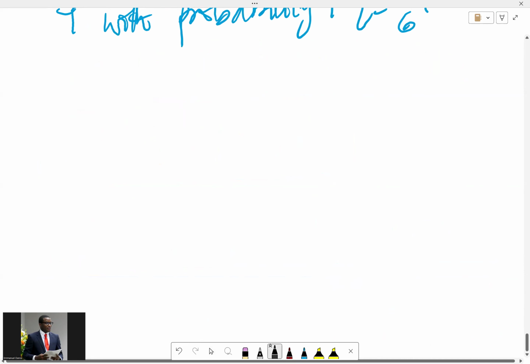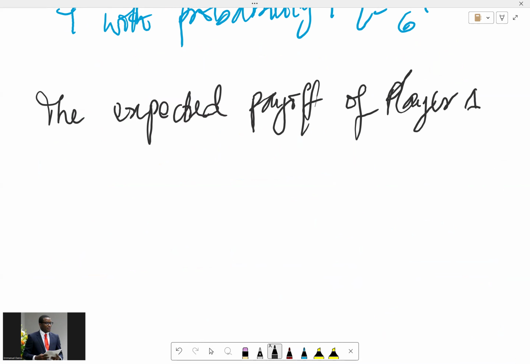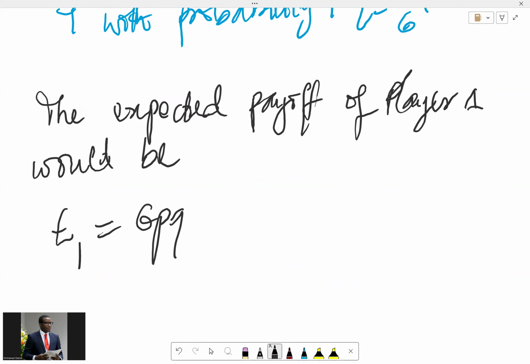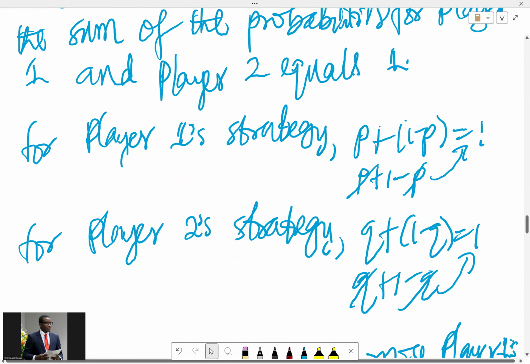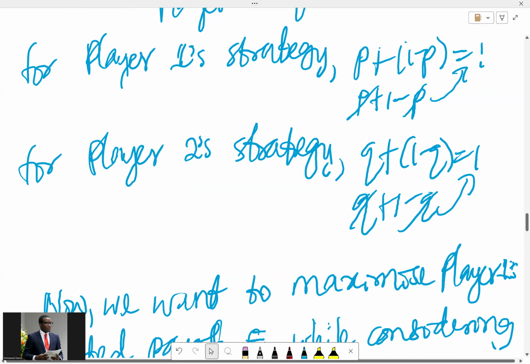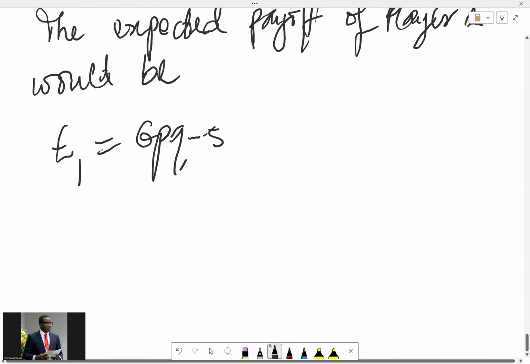So the expected payoff of player one, E1, which we know is 6PQ minus 5P minus 2Q plus 4.